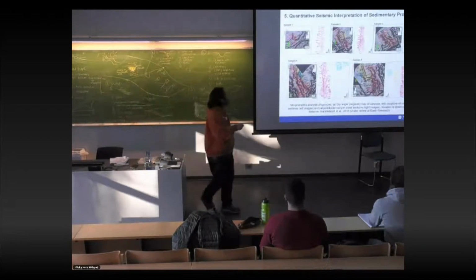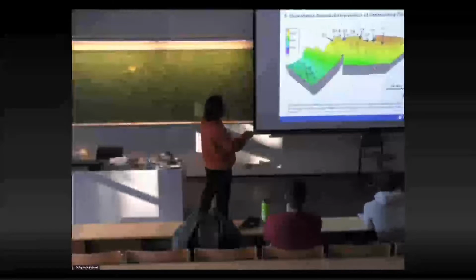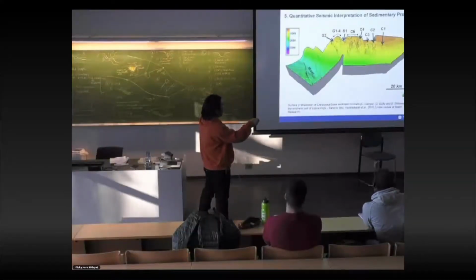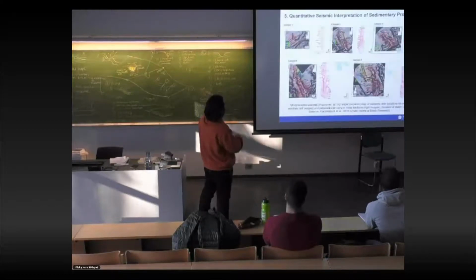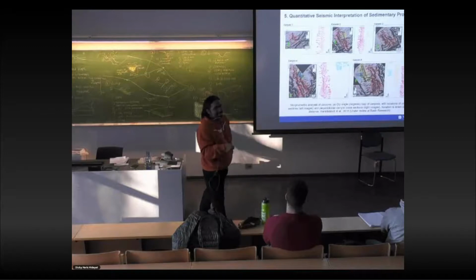So we make all the cross sections. On this surface we have C for canyon, so we have 5 canyons. We have 2 slide scars and we have 4 gullies. So we make a cross section every 200 meters from every canyon. So it's a lot of measurement.